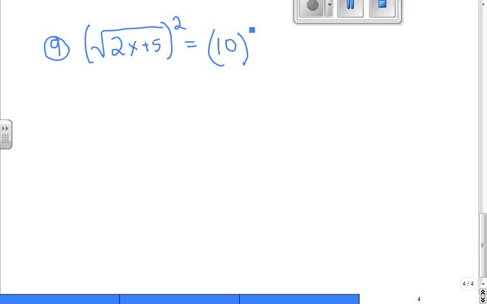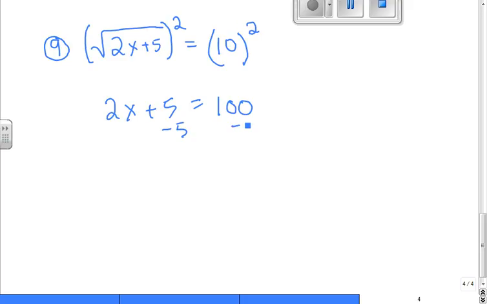Whatever we do to one side, we have to do to the other. So we're going to square both sides. Multiply both sides by themselves. That's what I meant to say. So to square this, all a square root and a square do is undo one another. So we're left with 2x plus 5 is equal to 10 squared. Well, 10 squared is 10 times 10, which is 100. Now, this is a very simple problem.